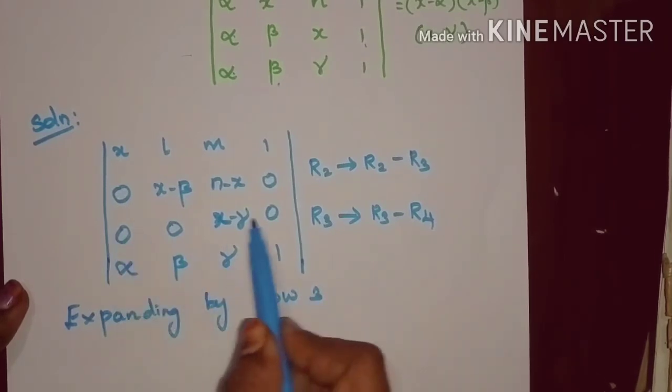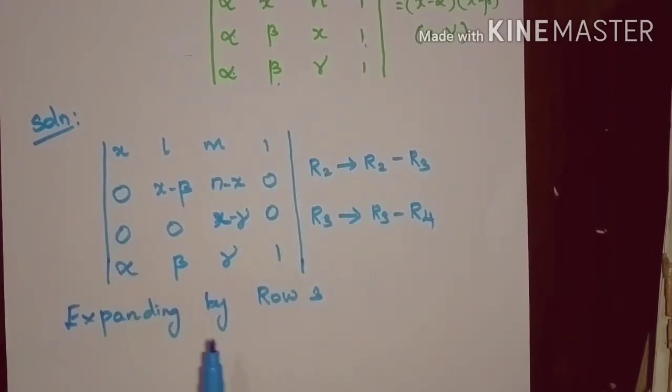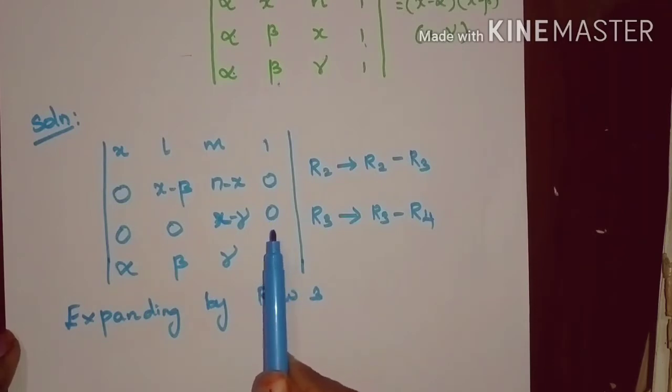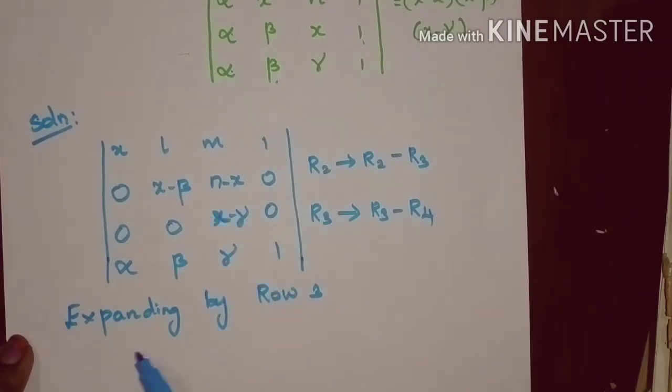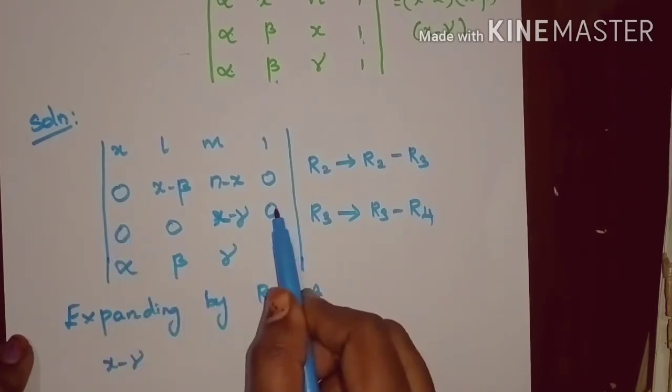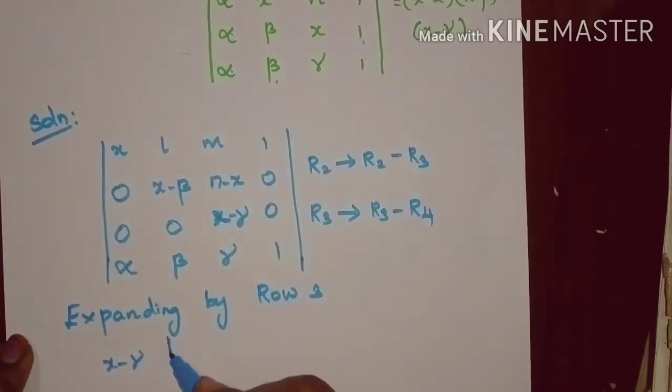Since row 3 has more zeros, I am choosing row 3 for expanding the fourth order determinant. For expanding row 3, the only nonzero element present in row 3 is x minus gamma. For expansion, we have to eliminate that row and that column. The remaining elements are taken as the cofactor of x minus gamma.